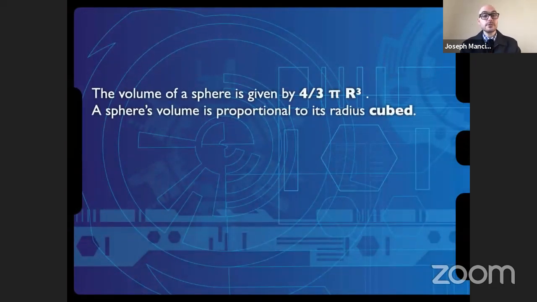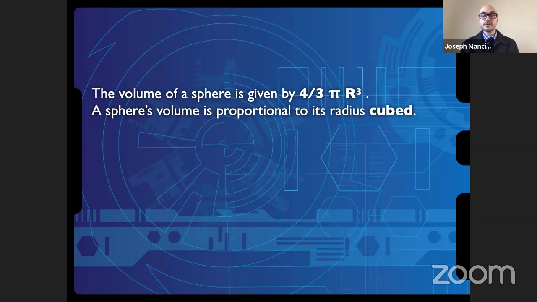The other thing that you need to know as a smart AP Physics 2 student is a common question that the College Board asks about the relationship between a sphere's volume and its radius. It's been asked so many times that it's worth pointing out here that the volume of a sphere is given by 4/3 pi r cubed.